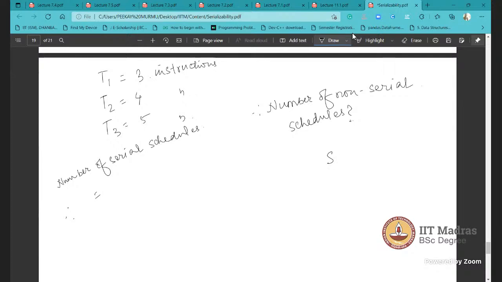Serial schedule means first you execute the T1 schedule. After completing all the instructions of T1, then we start T2, then we start T3. That is the serial schedule, right? Okay, sir. It is 3 factorial. Yeah, the number of serial schedules is 3 factorial.